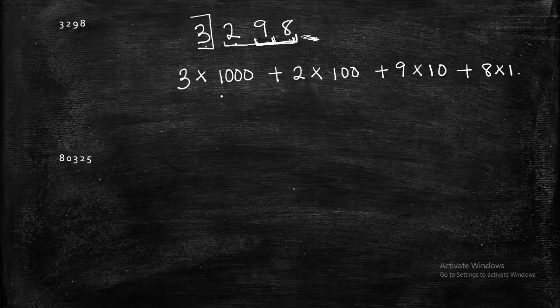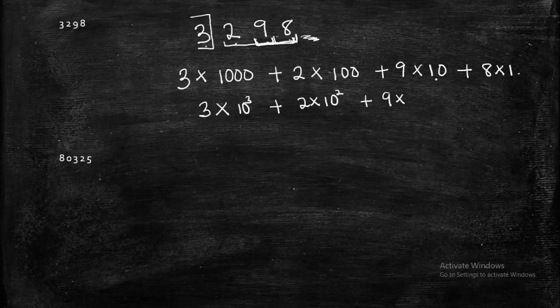So if we want to write it now in standard form, what we are going to do is say 3 times 3 zeros, meaning 10 raised to power 3, plus 2 times 2 zeros, meaning 10 raised to power 2, plus 9 times 1 zero, meaning 10 raised to power 1, and then 8 times no zero, meaning 10 raised to power 0. It is very important that you understand at this stage that any number raised to power 0 is 1.